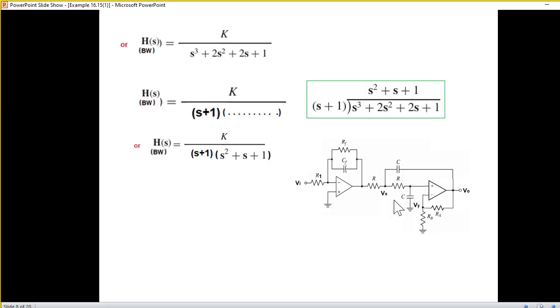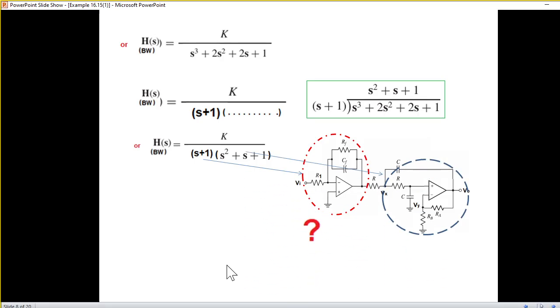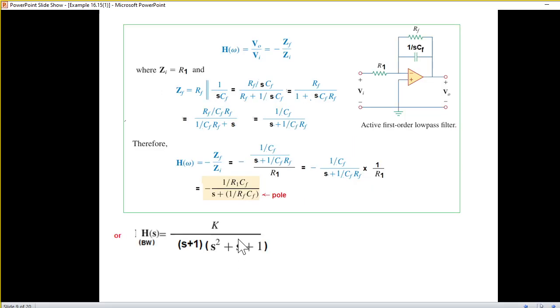And as you can see, Sallen-Key will generate this part, and another inverting filter or inverting op-amp circuit will be generating s plus 1. How to go about it?